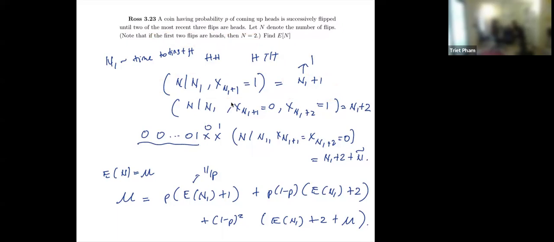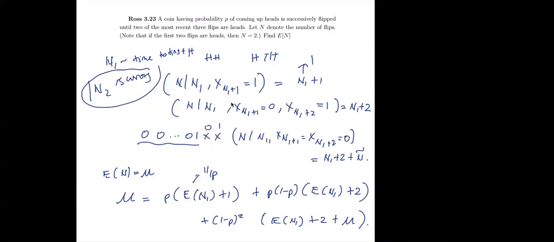The second place where it's used is a bit subtle, but notice that if we condition on N2, that's wrong. N2 is not productive; conditioning on N2 is wrong. Do we see why? Actually, that was my first thought.